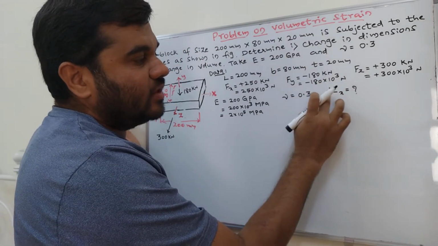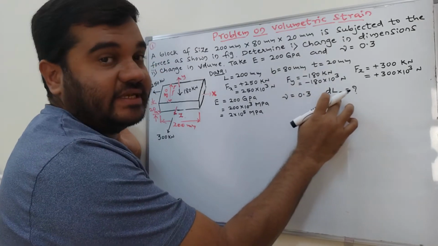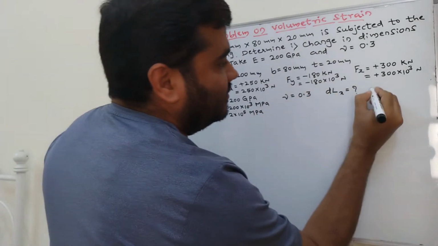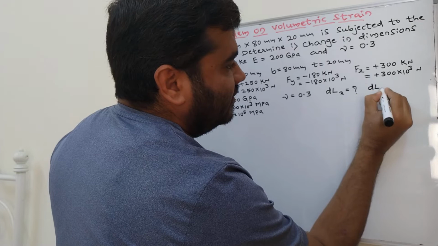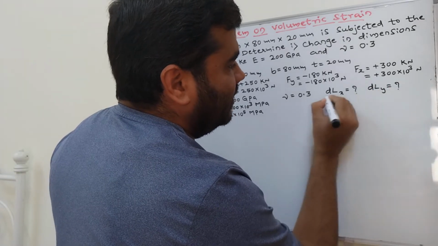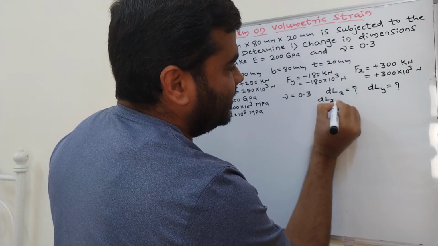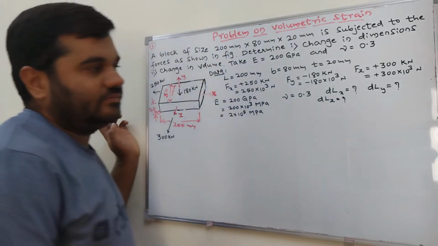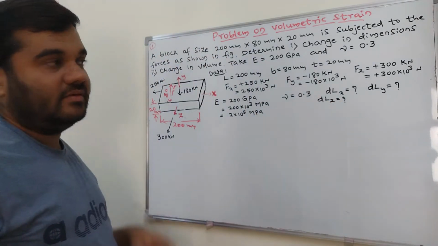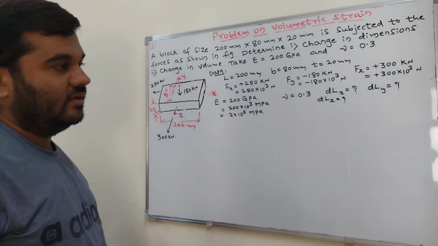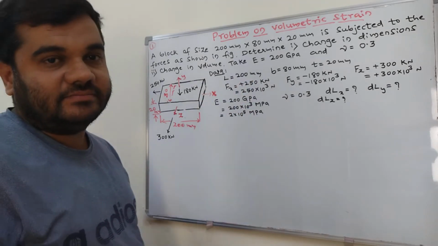This is also called deformation. Deformation in x direction. Again, change in length in y direction is how much, and change in length in z direction is how much. That is first bit. Later we will go to the second bit here. Okay, these are all the data given.